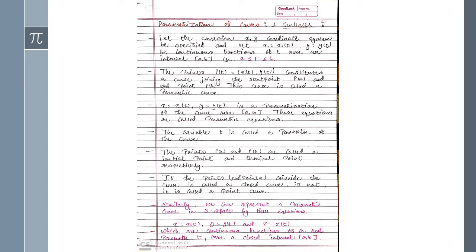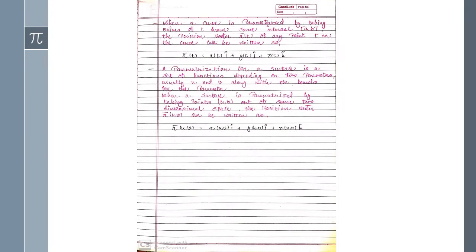To remember these equations: r bar of t, in vector form, is x of t into i plus y of t into j plus z of t into k. This formula we already studied, but right now we have to just remember it because we are going to conduct these examples on the basis of this formula.